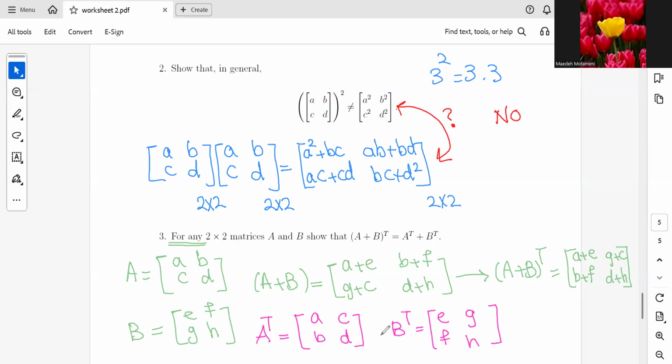So if you add them together, you would have a matrix of the size 2 by 2, and that would be A plus E, C plus G, B plus F, and D plus H, which is exactly the same as the left part. So this equation is a correct one.